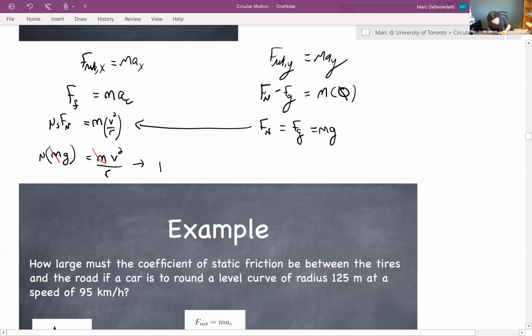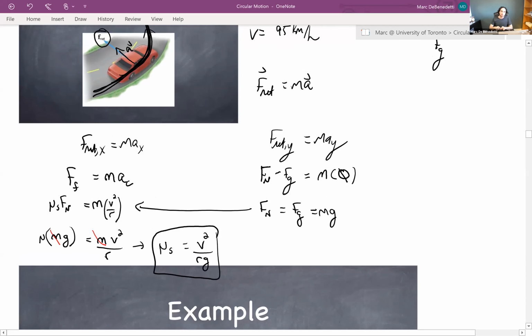And we get mu static is equal to v squared over rg. There you go. So what is the coefficient of friction required to pull this car around a corner? Well, it's going to be the square of the velocity divided by the radius times g.